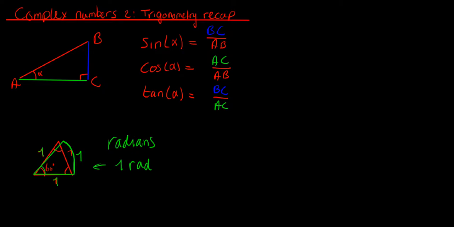Now, if we were to create half of a circle, so let's do that. Create half of a circle, and the circle is specific because its radius is 1. So if we were to create in this circle 1 rad, this distance is exactly 1.